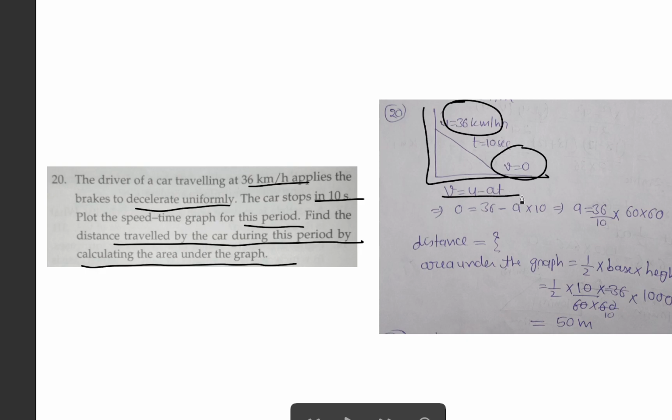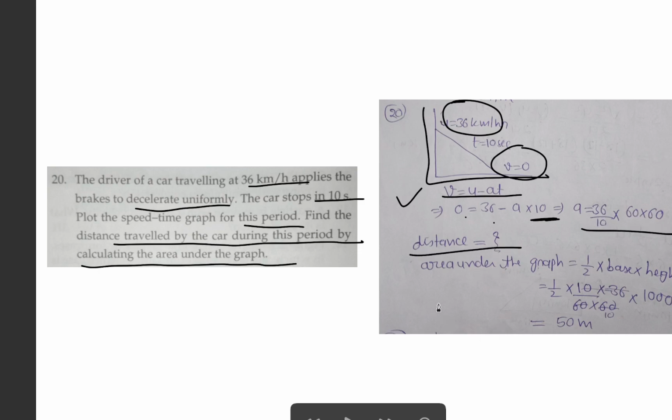So v is equal to u minus at, Newton's first equation. Final velocity is 0, initial velocity is 36 km per hour, acceleration we want to calculate, and time is 10 seconds. So we get a is equal to 36 divided by 10 into 60 into 60.